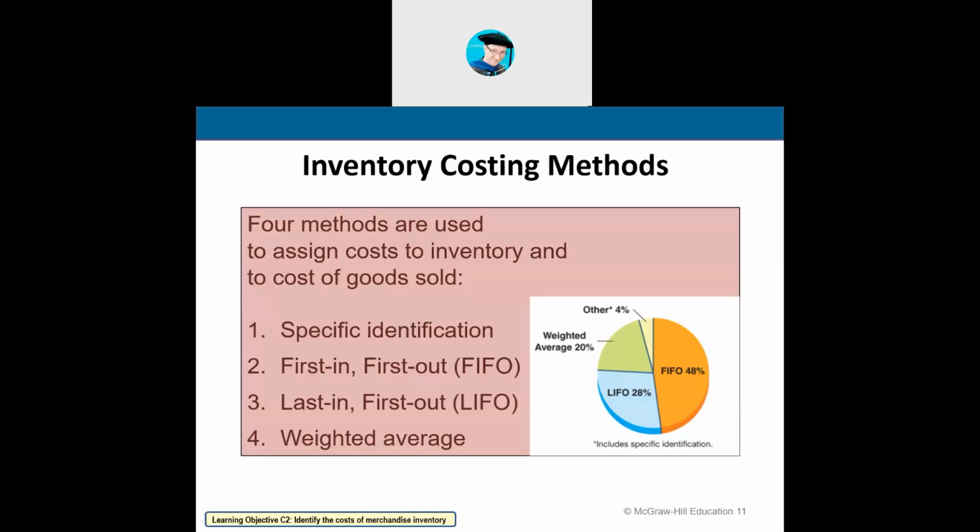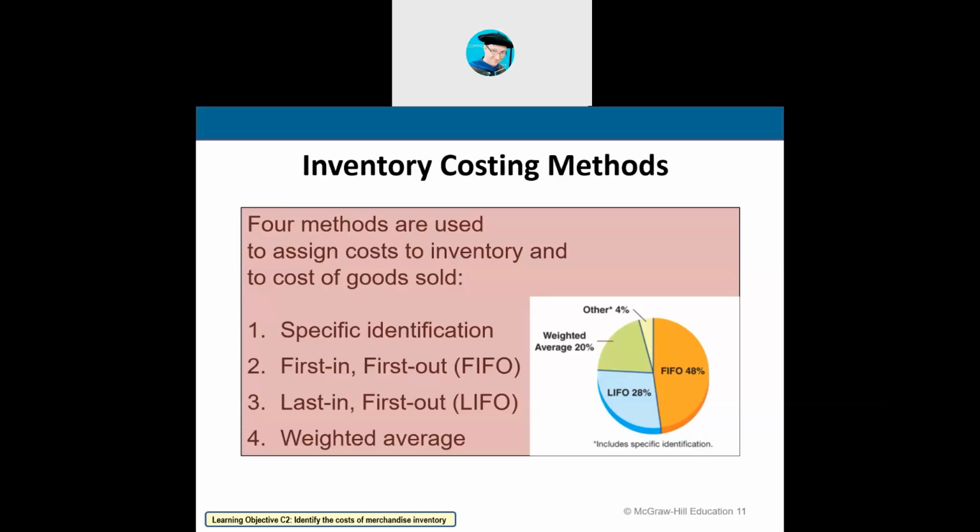First in, first out is used primarily by grocery stores and other types of businesses that sell perishable products. Don't worry, we'll talk in detail about all of these, but I just wanted you to understand how they're used, which type of companies use them.